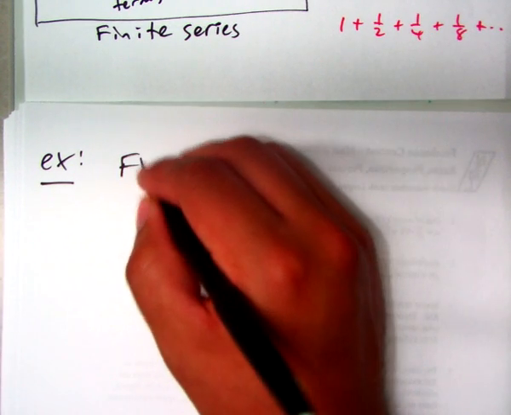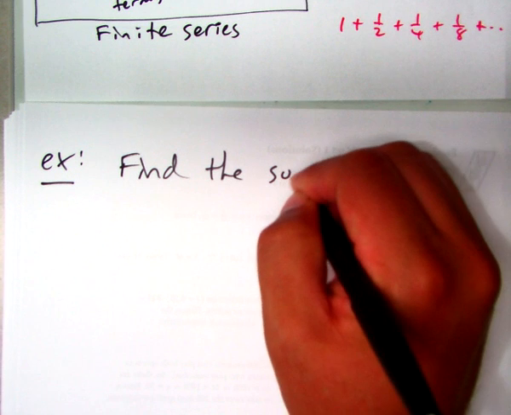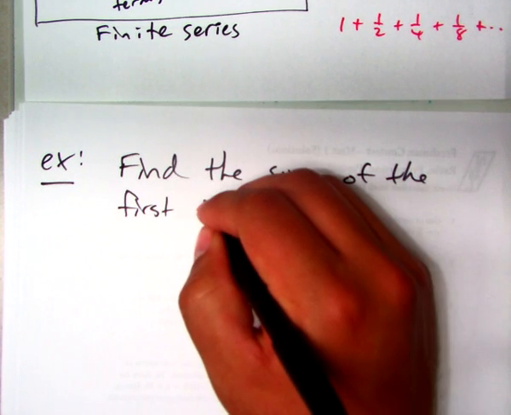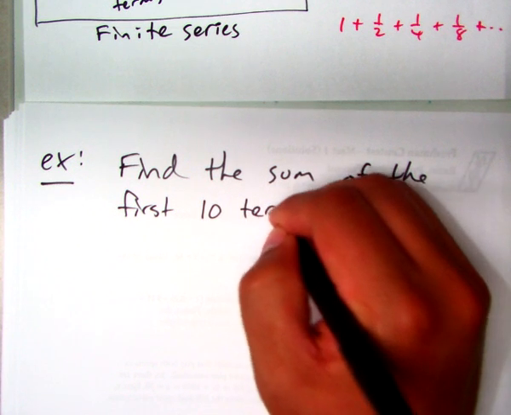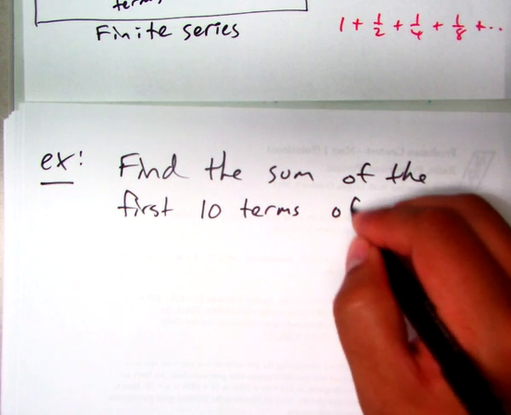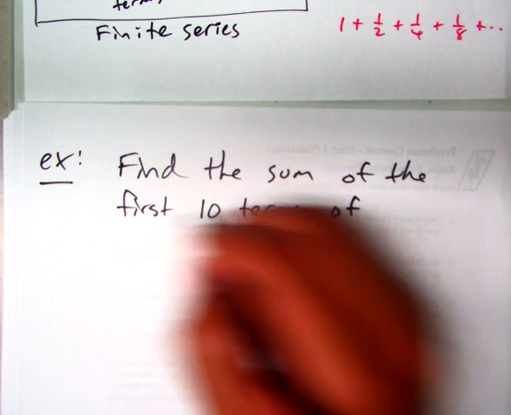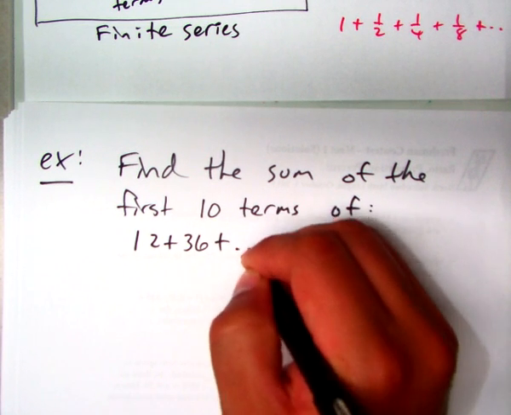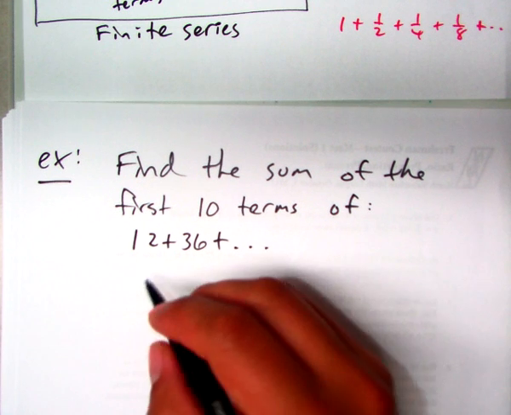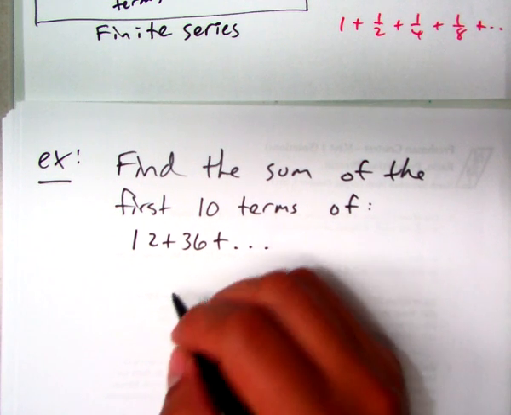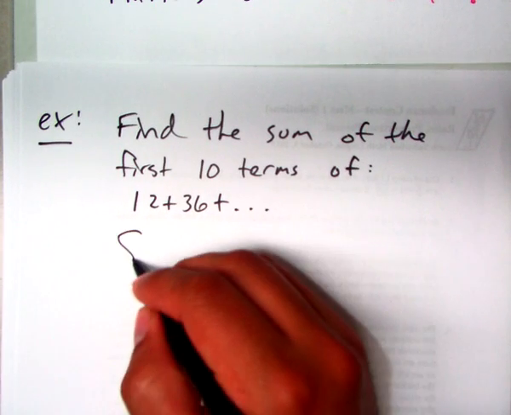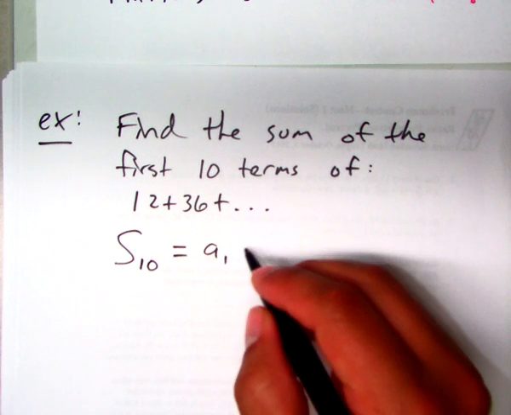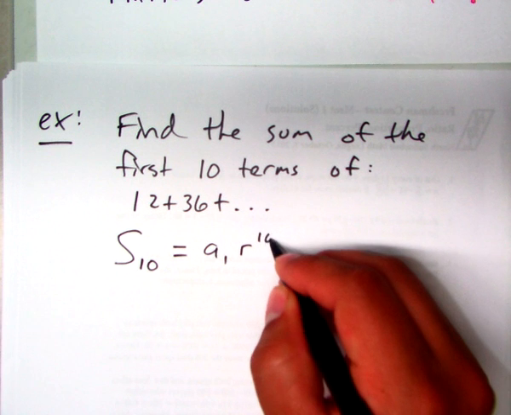Find the sum of the first, let's say, 10 terms of 12 plus 36 plus, etc. Okay, so all we need to find the sum of the first 10 terms is first term r to the n, which is 10 in this case, minus 1.